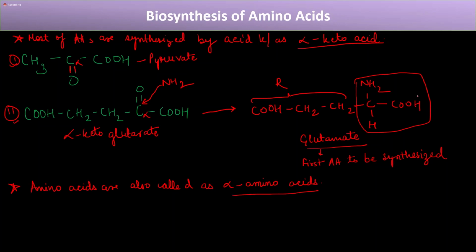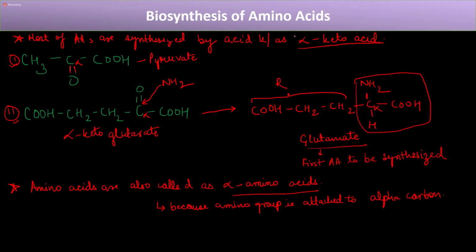If we see this structure, this is the alpha carbon, and the amino group is attached to it, right? Because the main amino group is attached to the alpha carbon, all amino acids are called alpha amino acids. So this is an overview of the biosynthesis of amino acids.